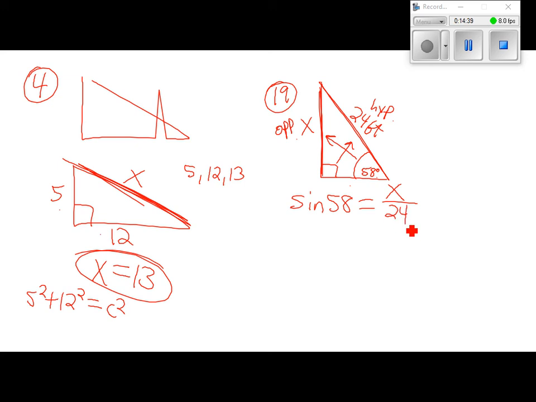Grab your calculator and you find the sine of 58. And that's 0.8480. That equals x over 24. Put a 1 underneath that. Another nice one, because when we cross multiply, that just gives us x, and all we gotta do is take that 0.8480 times 24.